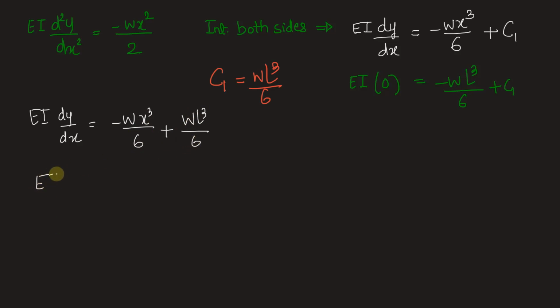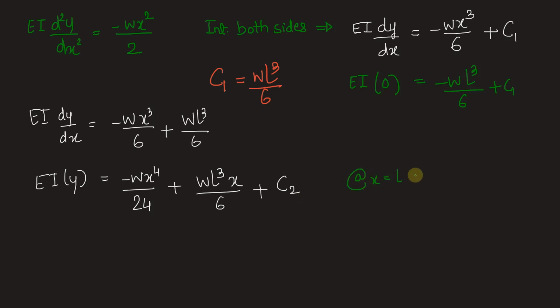So we have EI into y is equal to minus wx raised to 4 upon 4 into 6, that is 24, plus wL cube x by 6 plus the constant of integration. Let's name it to be C2. Now to find this unknown C2, we'll use the other boundary condition at the fixed end, which is at x equal to L, where we will have the deflection also 0.